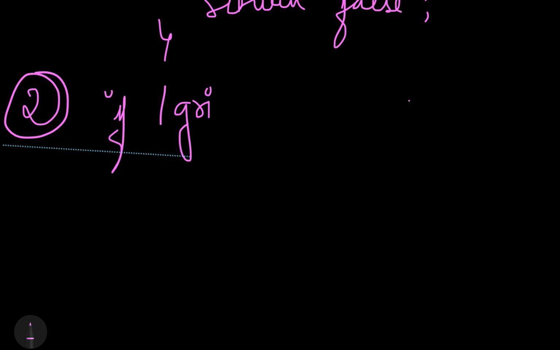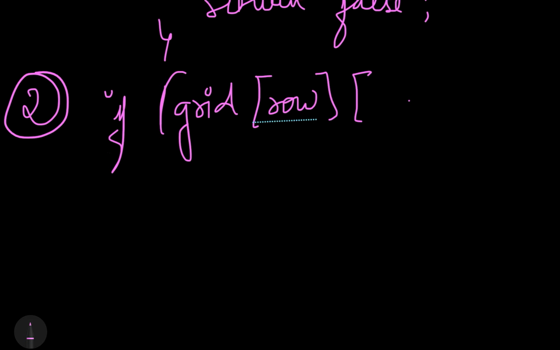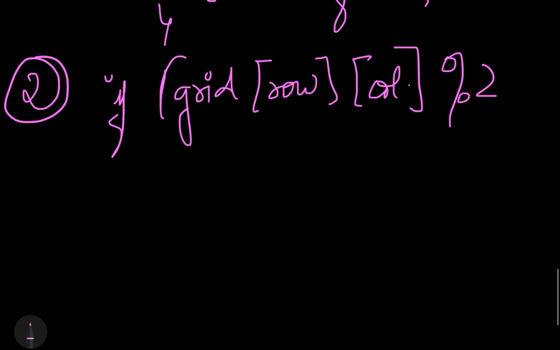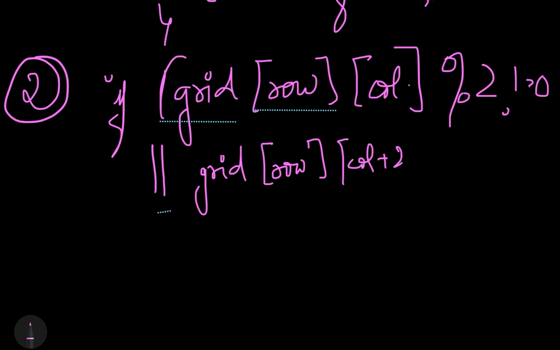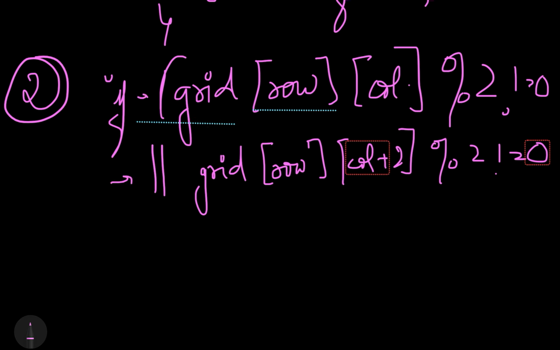If grid of row, column mod 2 is not equal to 0, or grid of row, column plus 2 mod 2 not equal to 0, that is, top left corner is even or not, top right corner is even or not.